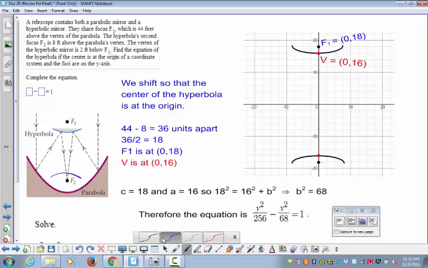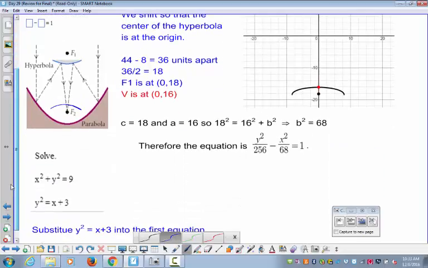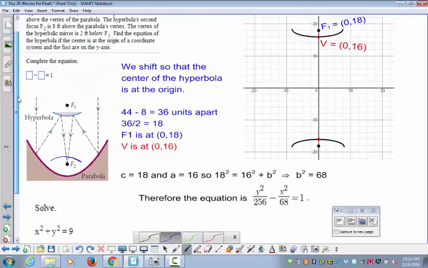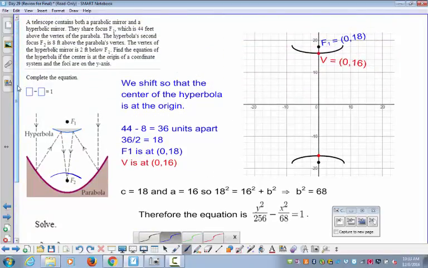So we need to piece together everything that we know. If it's 18 up, we know that underneath the y's we have to put 18 squared. Oh, did I say that wrong? 18 is to the focus, not to the vertex. So it's not 18 that goes underneath the y's.